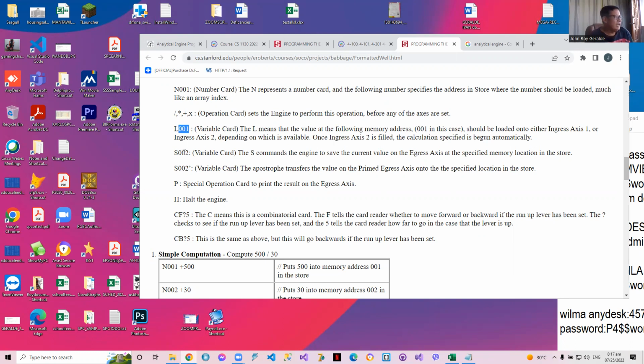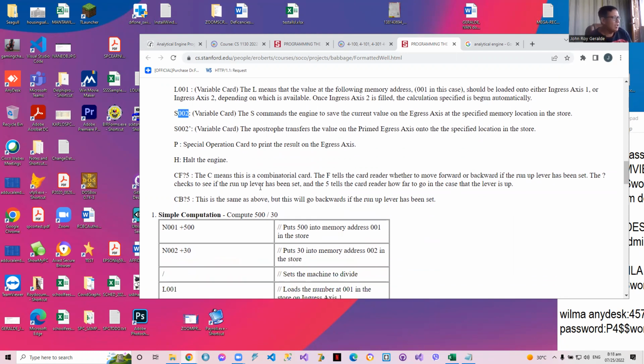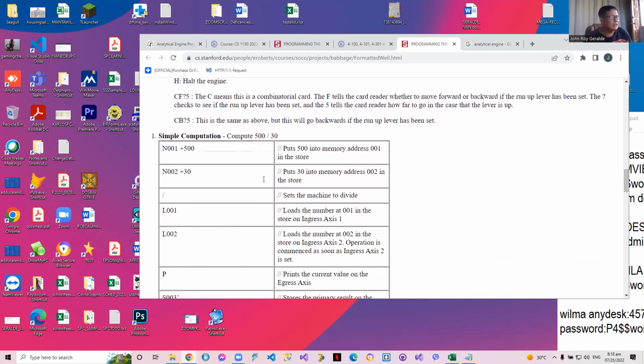S002 stores a value to address 002. P prints the result of the egress axis. Do you follow? H halts. CF and CB are for looping, count forward and count backward. We'll look at the example later.